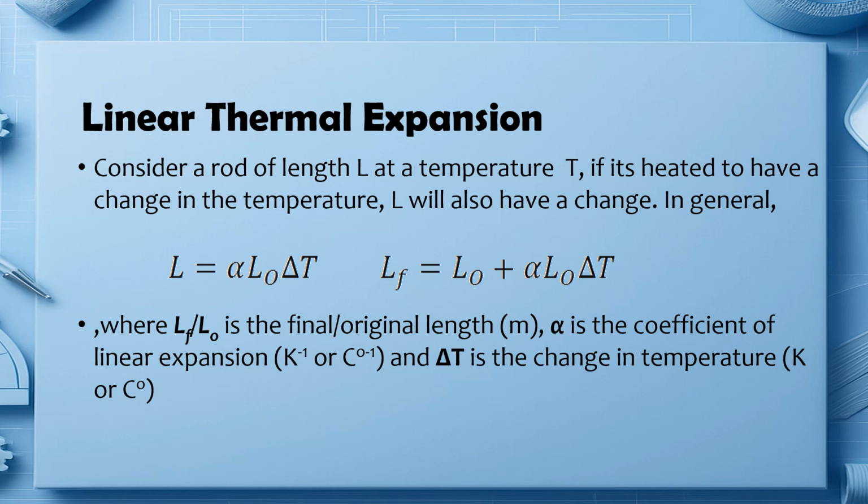This is the formula: L equals L0 plus alpha L0 delta T, or the final length is equal to the original length plus alpha times the original length times the change in temperature. Alpha is the coefficient of linear expansion, and the unit is Kelvin raised to negative 1 and degrees Celsius raised to negative 1.